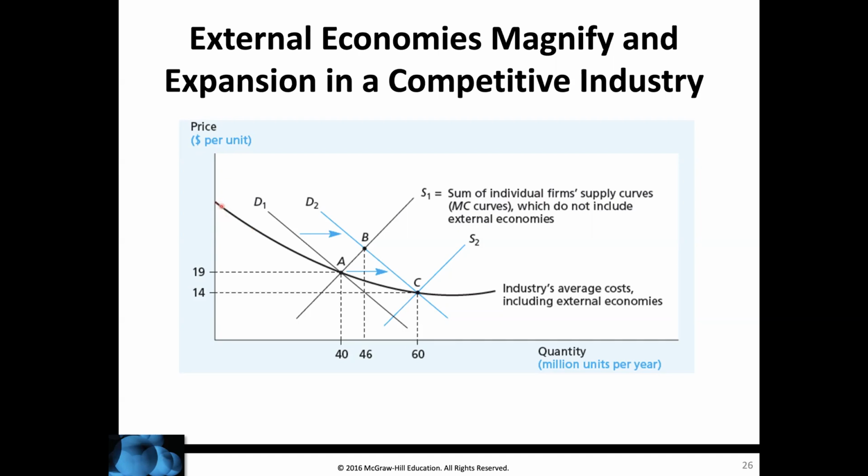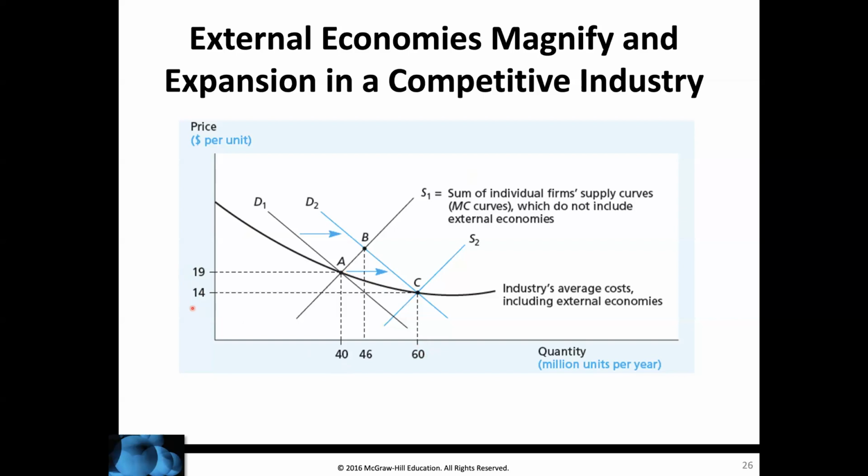The more that is manufactured, the more external scale economies there are, so the price per unit goes down. Along this curve, you can see we hit letter C here. Before we saw these external economies of scale, the price was at $19, but as they manufacture more, 60 over 40, we can see the price drops to 14.